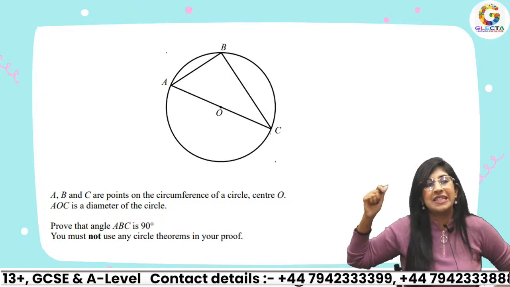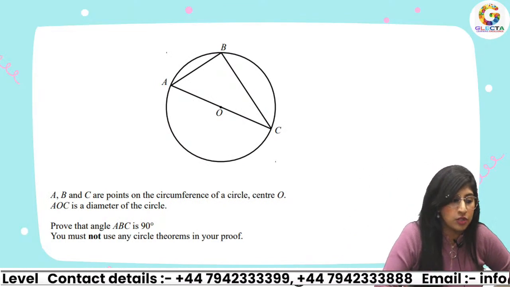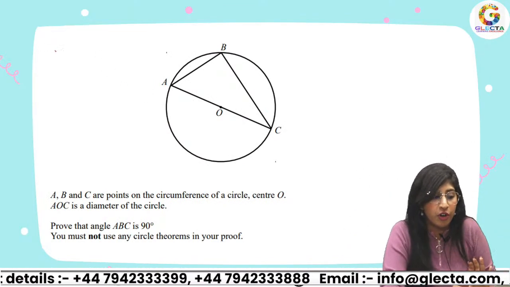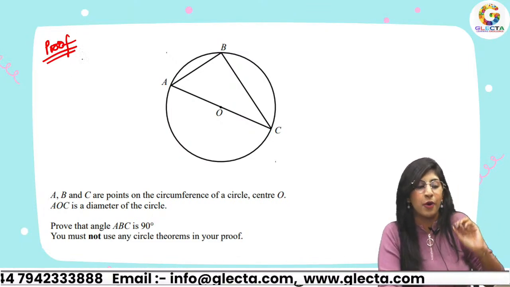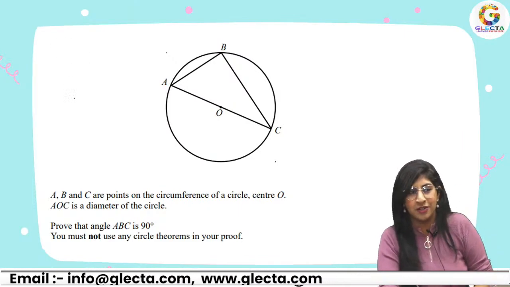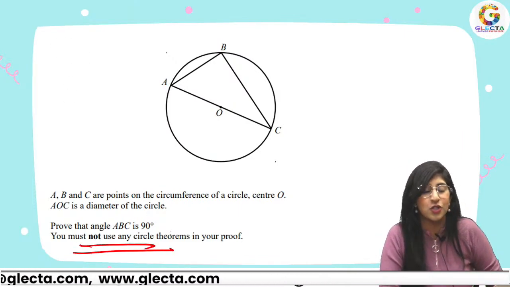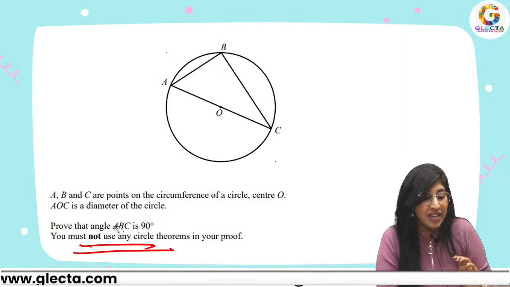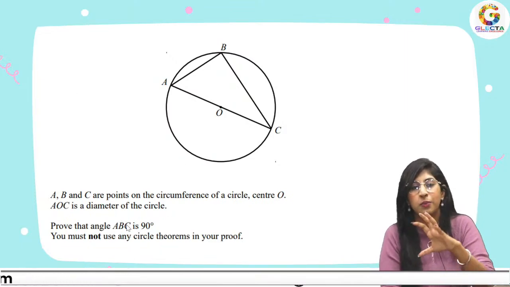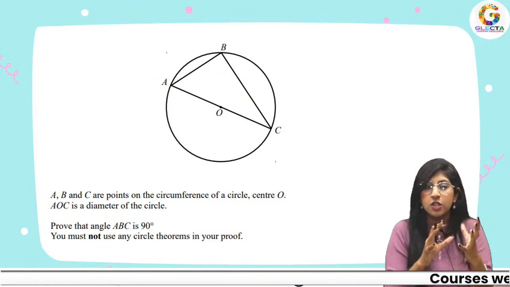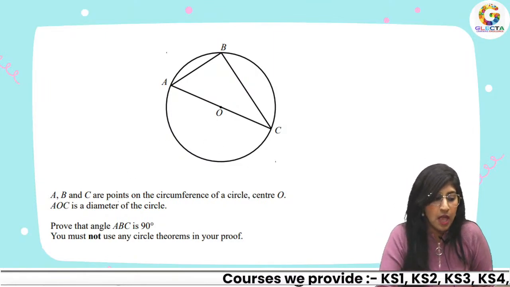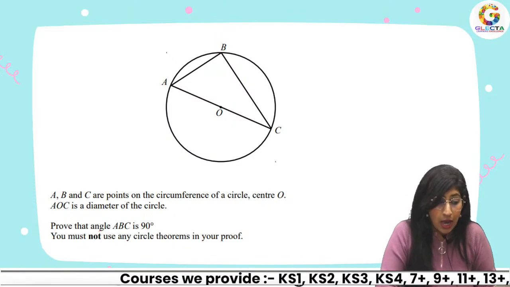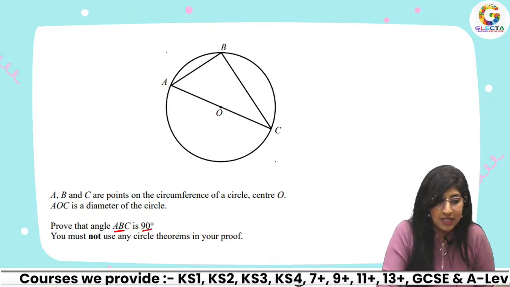Then coming to these important questions, this is an important one, the proof kind of question, grade 9. The most important part of proofs of circle theorems is that they say in the question, you must not use any circle theorem. Now, how do we prove a circle theorem without using circle theorems? Mainly you will have to use circle properties, not circle theorems. I have to show the angle ABC is 90 degrees.